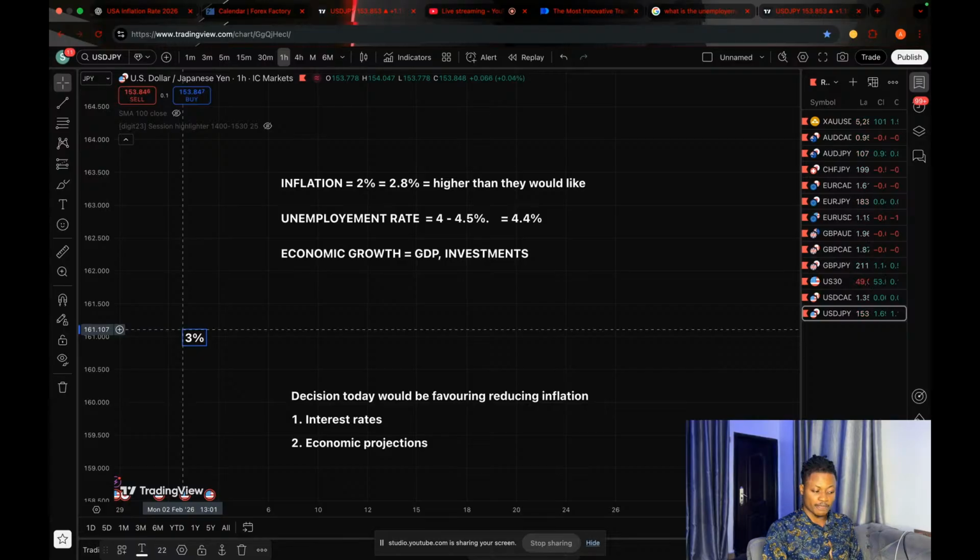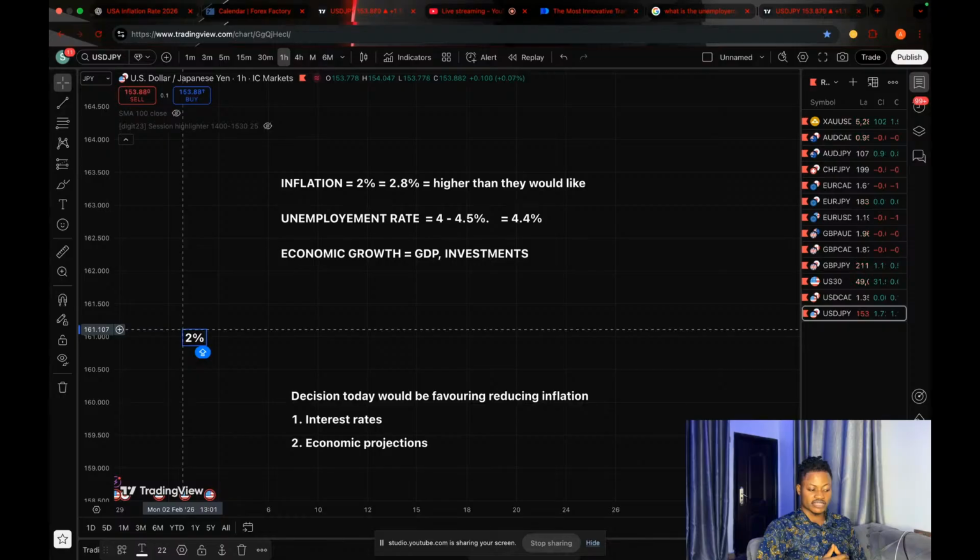If the rate is, let's say, 2%, you see I'm paying less interest. Now if I'm paying less interest on collecting loans, I'm definitely going to charge less interest to people who are going to be taking loans from me. Do you understand? And if I'm collecting less interest, people will want to come and borrow loans from me. And if people are borrowing more loans, they will have more money.